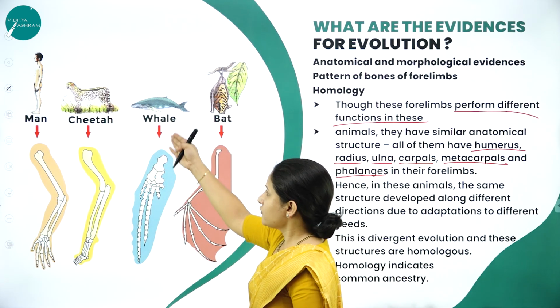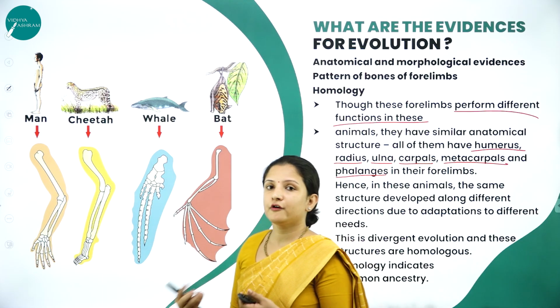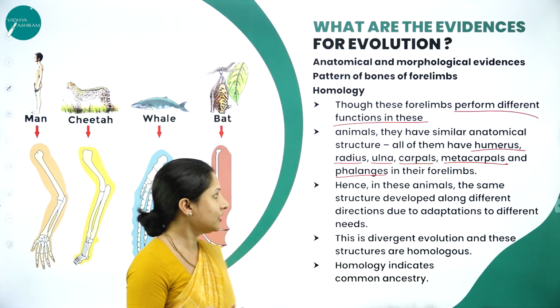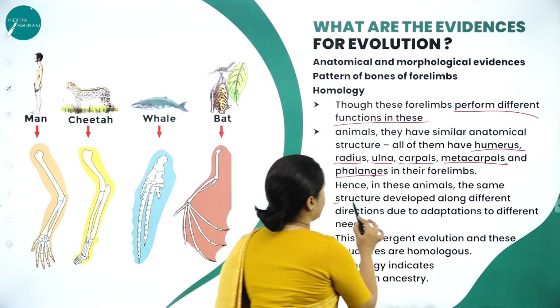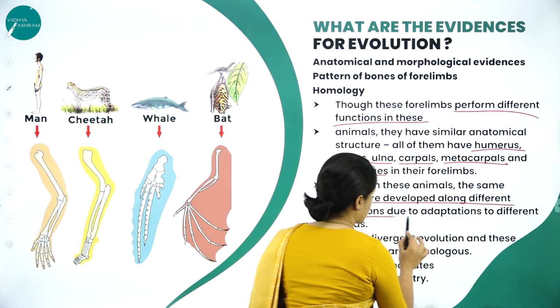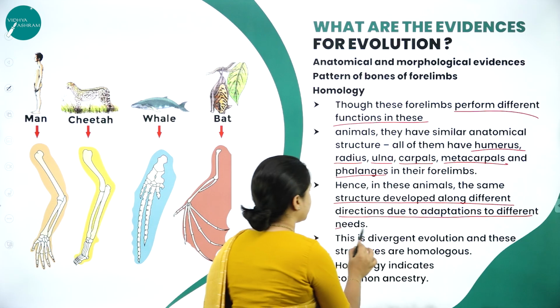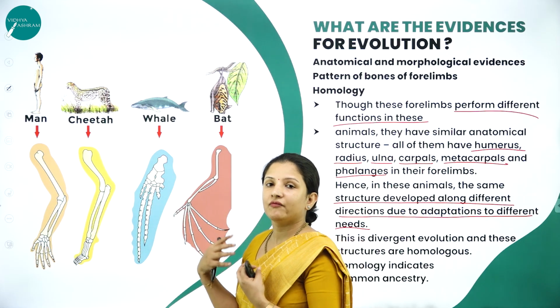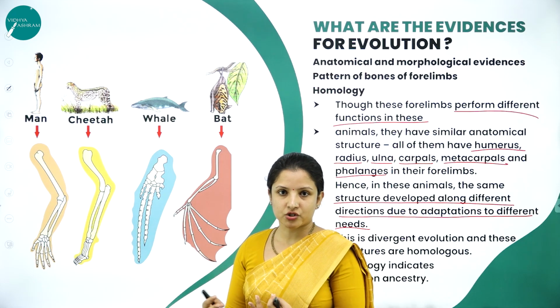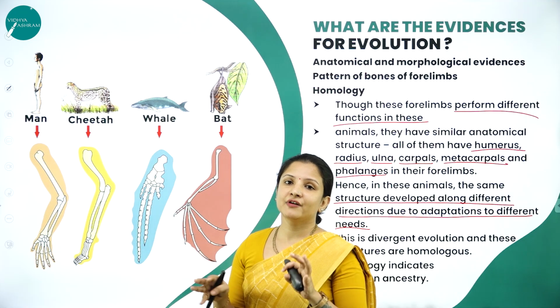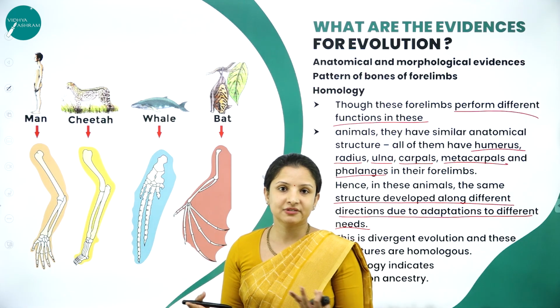So therefore anatomically they are similar, but their morphology and structure is quite different. Hence in these animals, the same structure developed along different directions due to adaptations to different needs. So why did they have a different morphology though they had the same anatomical structure? Because whales live in water. Can they have limbs like the humans?